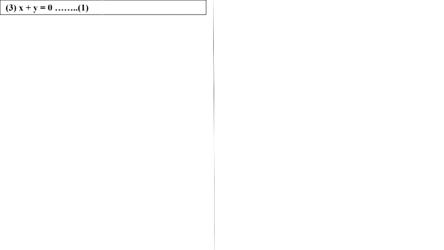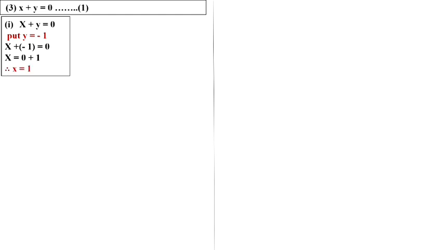Now the third one is given: x plus y equal to 0. So student, here the y value we have taken is minus 1. So minus 1 will go to the right side and become plus 1. So the x value became positive 1. x plus y equal to 0. So here the y value we are taking is 0.